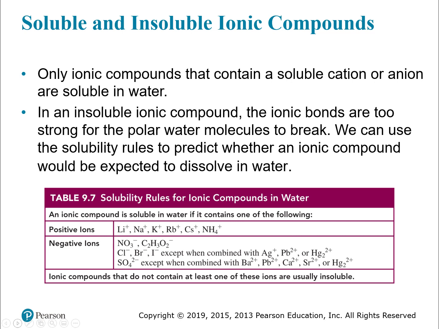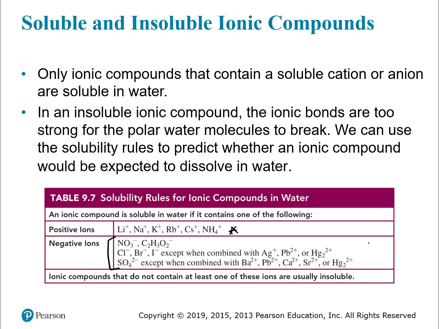So you'll see this table. An ionic compound is soluble in water if it contains one of the following. And we've got this list of positive ions here. So if you see a compound that's got any of these positive ions, it's soluble. If you see any of these negative ions, the anions, also soluble, but there are some exceptions. So chloride, bromide, iodide, those are all halogens.